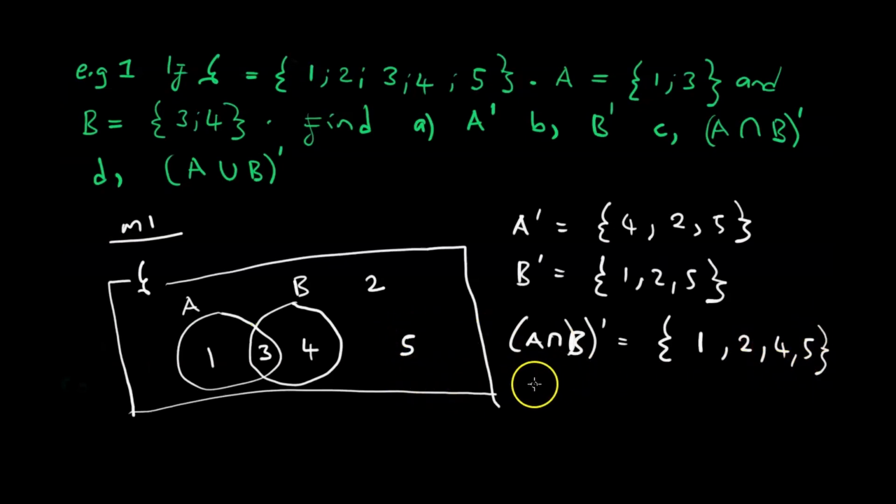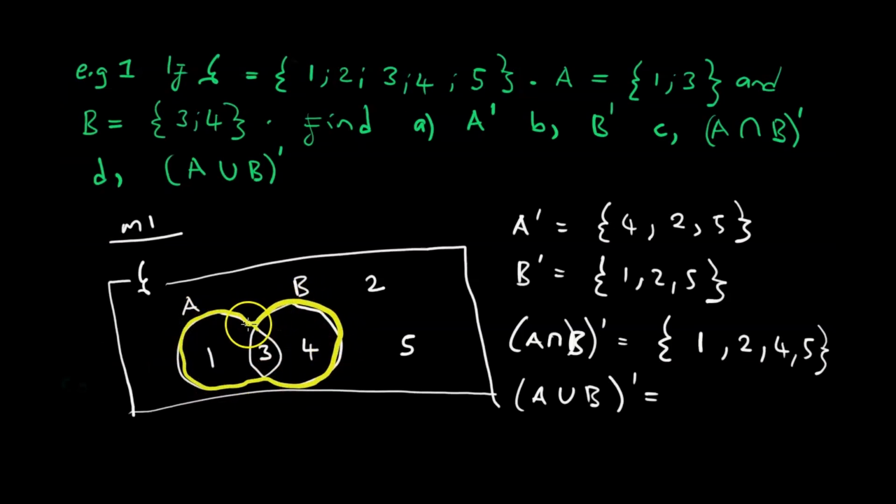Then lastly, taudzwa isusu kuti part D tanzi titsvage A union B complement. Saka A union B complement, A union B ndeipi? Tikada kutaridza A union B zvoreva zvinhu zvese zviri mukati masubsets edu aya.